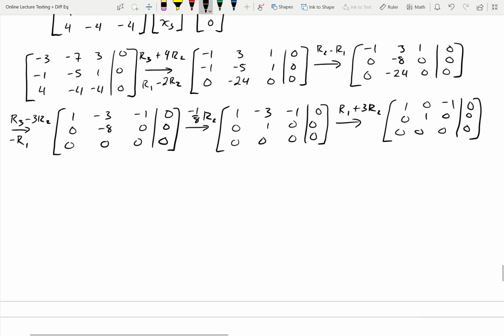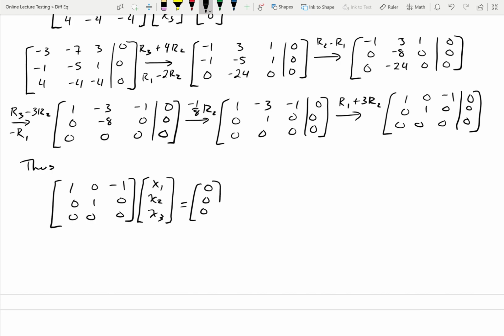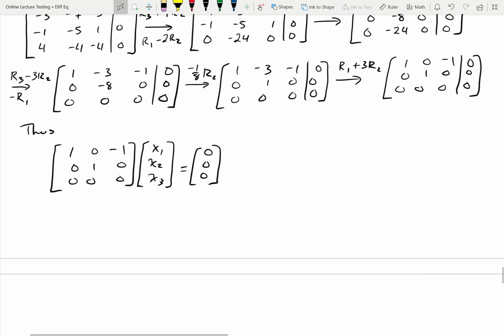All right. So thus, 1, 0, negative 1, 0, 1, 0, 0, 0, 0, times our vector x1, x2, x3, gives us, well, x1 minus x3 is equal to 0. x2 has to equal 0.